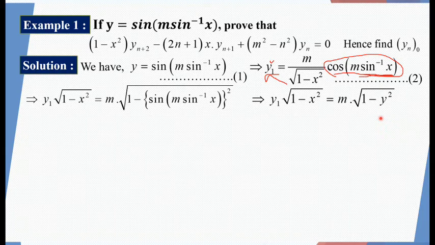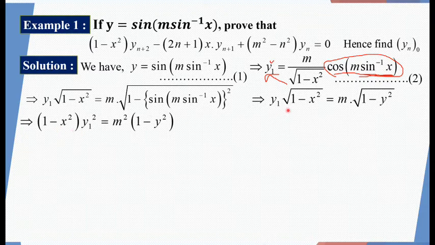For application of Leibniz theorem, the power of each function should be a positive integer, but the power here is in the square root. So how to convert this? How to remove this square root? We can take square on both sides.